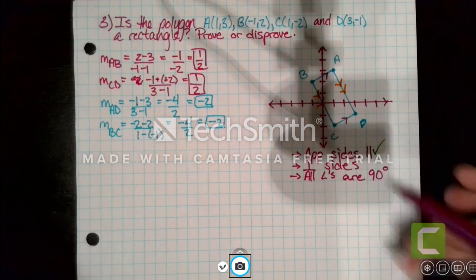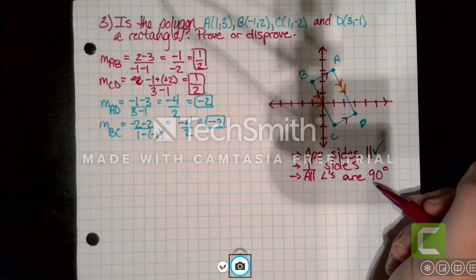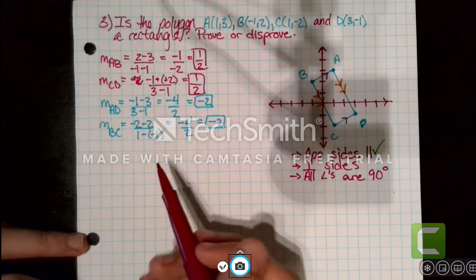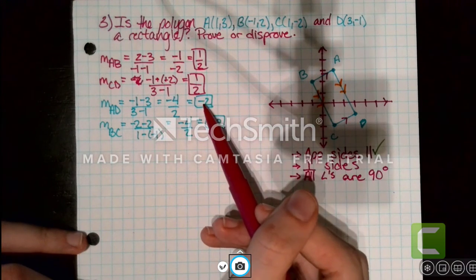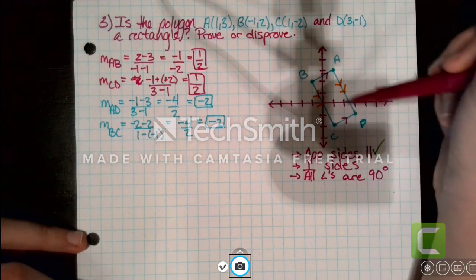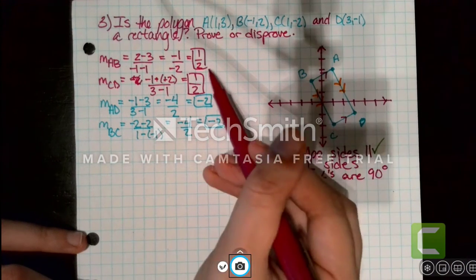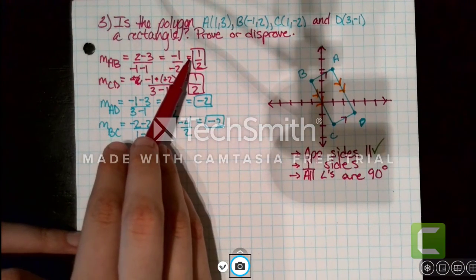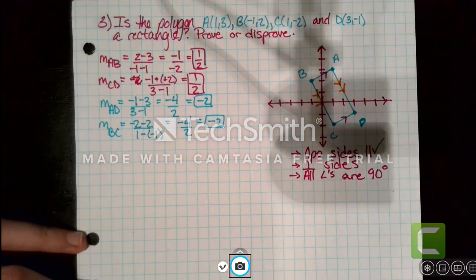As mentioned in the earlier video, perpendicular sides have slopes that are opposite reciprocals of each other, which means that 1/2 is the opposite reciprocal of -2. So I can say that AB is perpendicular to AD and AB is perpendicular to BC, since this is the opposite reciprocal of both -2 for AD and -2 for BC, which means that we do have perpendicular sides.